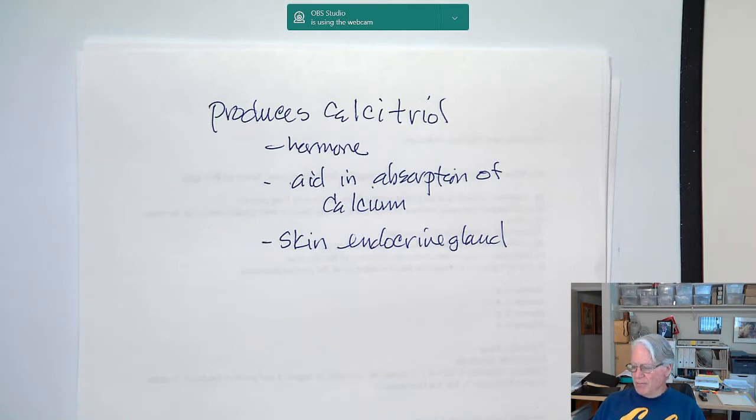We're still learning quite a bit about that, so it's an ongoing process. So the skin then becomes a part of the endocrine system as a result of the production of calcitriol.